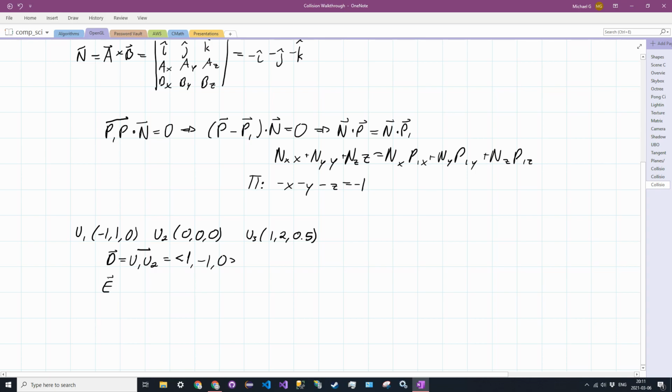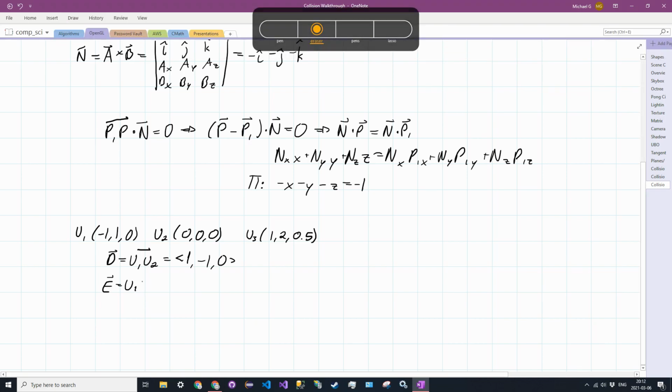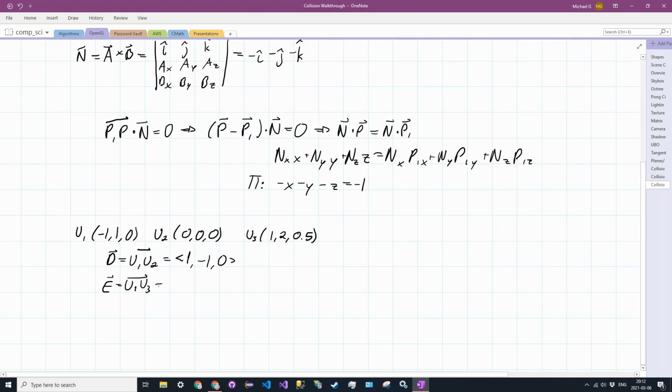E is equal to the vector from U1 to U3, and this is equal to (2, 1, 0.5). And then the vector F is equal to U2 to U3, which is (1, 2, 0.5).